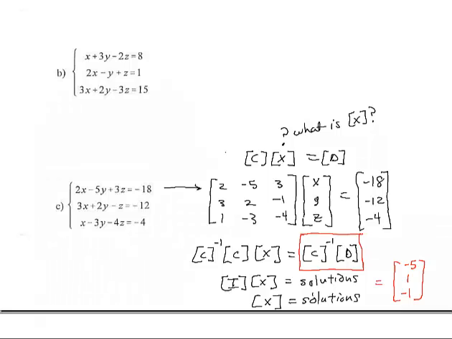So this is the last example. It's a little bit of work, but let's double check our solutions. 2 times -5 minus 5 times 1 plus 3 times -3. -10 minus 5 minus 9, obviously that doesn't equal -18, and so if you double check the numbers for our variables, you would see that z is not -3, it's actually -1.